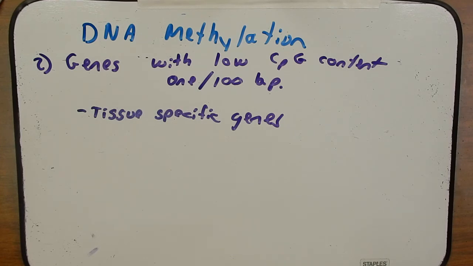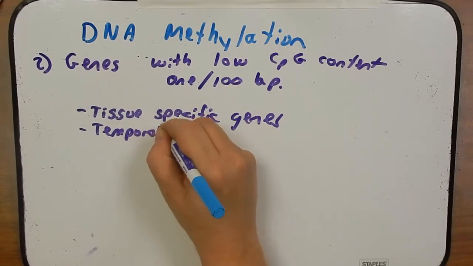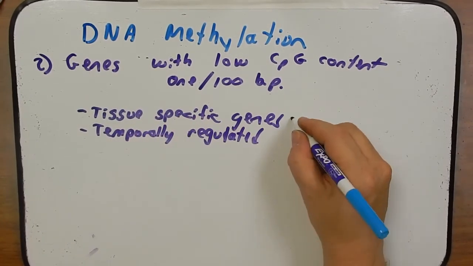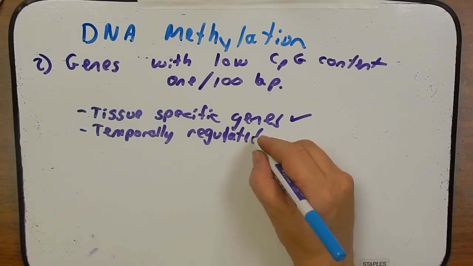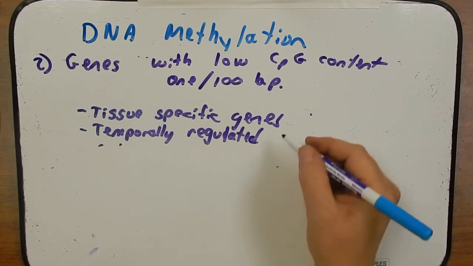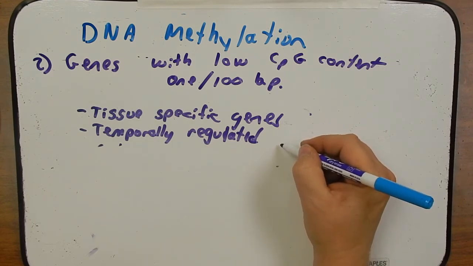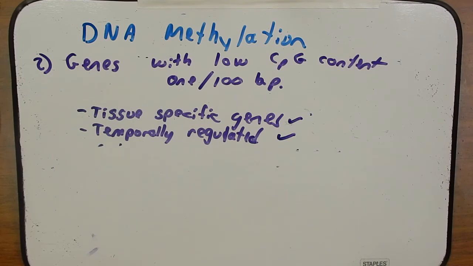You might also see these in genes that are temporally regulated. This first one is definitely seen in the tissue-specific genes. The temporally regulated one is more hypothesized because of the differences in the expression. Now, if you remember on the last board, I said those genes with a lot of CpG content are not methylated. So again, low CpG content are typically associated with tissue-specific genes and temporally regulated genes.